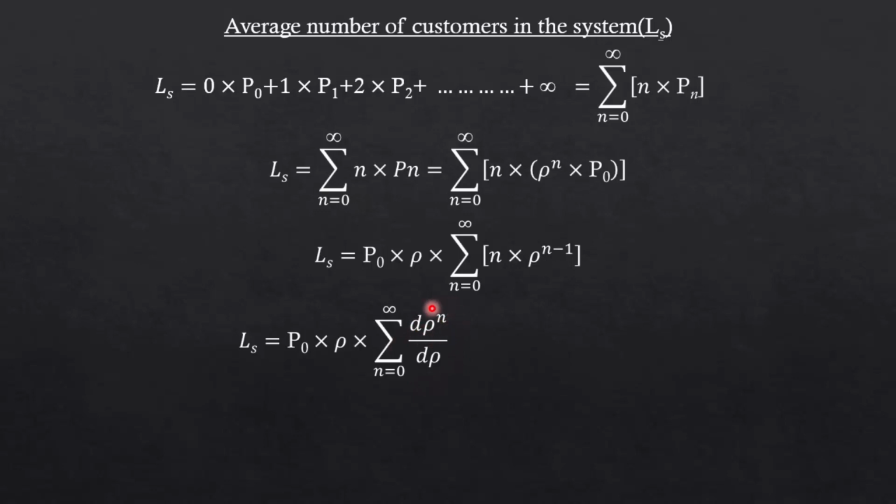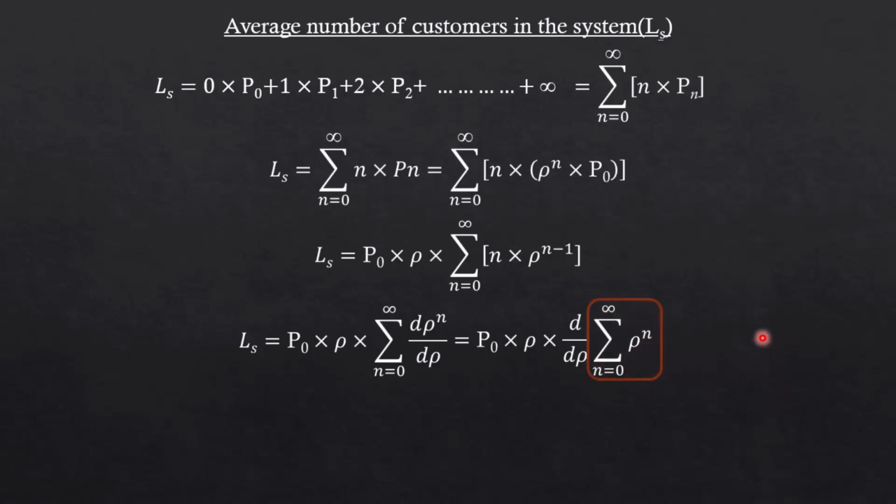So if we differentiate rho power n, we will get this term. Now whenever we have a differentiation and a summation together, we can switch these two with one another. So we can have this equation like P0 into rho d by d rho of summation rho power n.